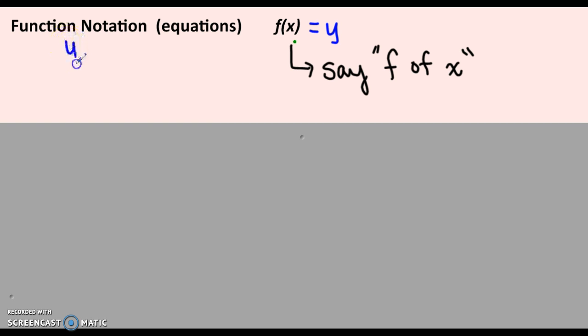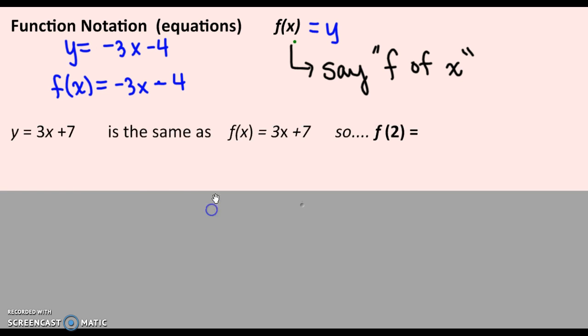On the warm-up, you had the equation y equals negative 3x minus 4. In function notation, we write it as f of x equals negative 3x minus 4. And function notation really reinforces what the input is.